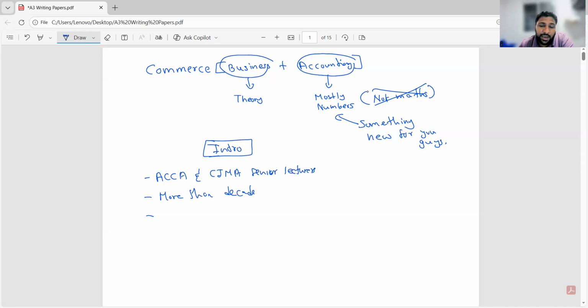I have taught more than 10,000 students locally and internationally. I have also produced 15 island firsts in ACCA and two world toppers in ACCA. So this is about myself.